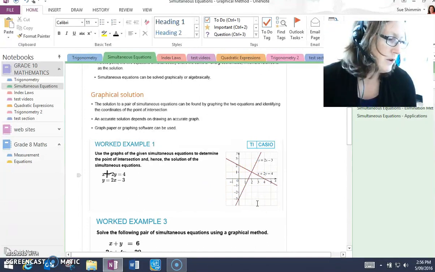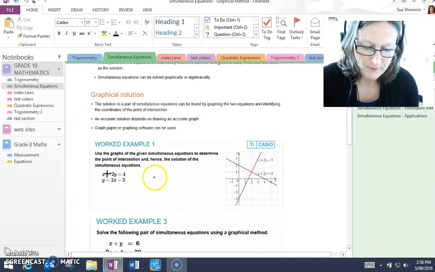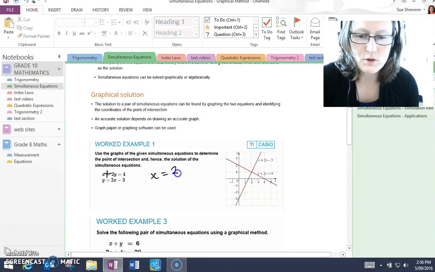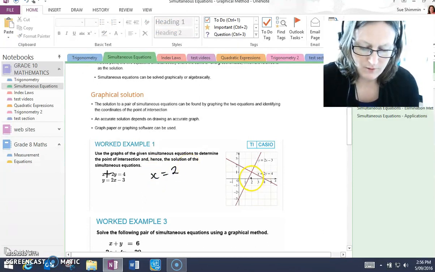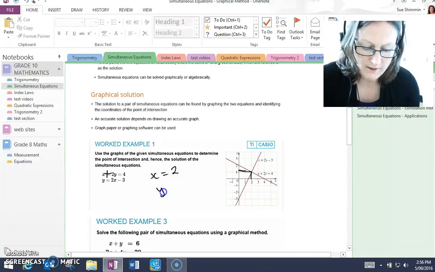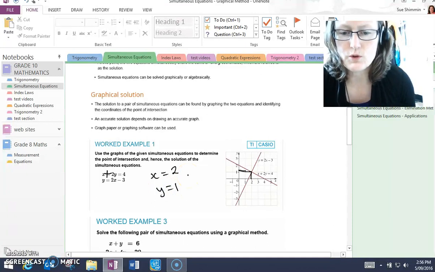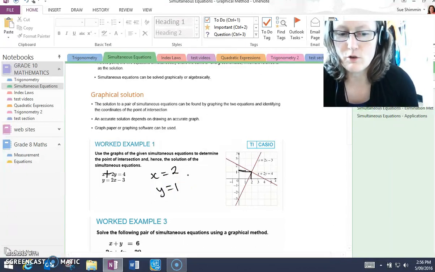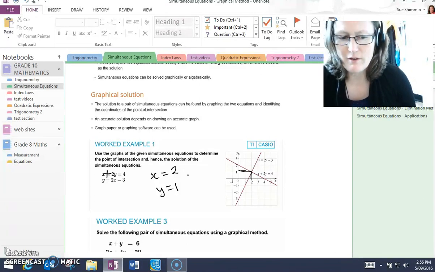So the two lines cross where x is equal to 2. If you go up there, x is equal to 2, and go across here, y is equal to 1. So that is the solution to those two simultaneous equations, solving it graphically. Worked example 1 was relatively easy because they'd already been graphed for us.